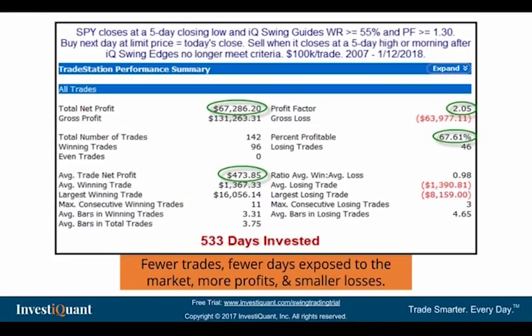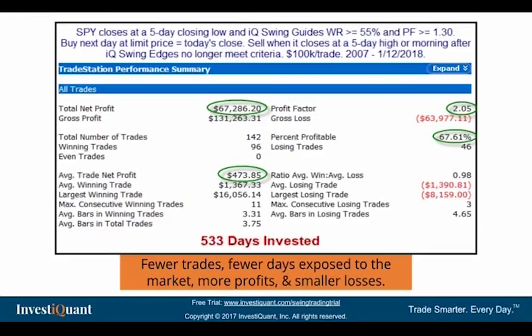So combining those two things, like we did with the 5-day low, 5-day high, we're going to buy next day limits price, and then we're going to sell when it closes at a 5-day high, or after the swing edges no longer meet that criteria. That's the big difference there too.